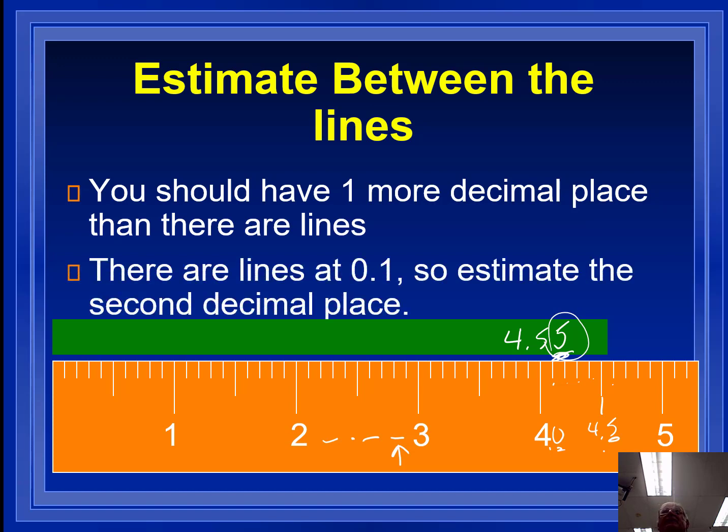So here there are lines at 0.1, so I estimate to the 0.01, the second decimal place, where my estimate's going to be. And I'm required to do it. The bad news is they trust your judgment.